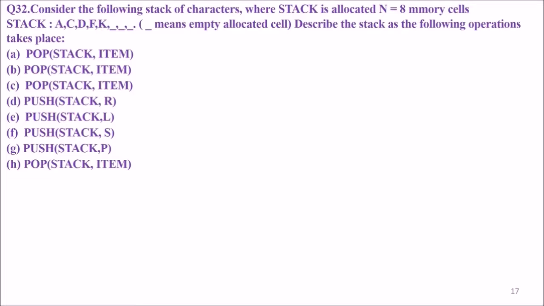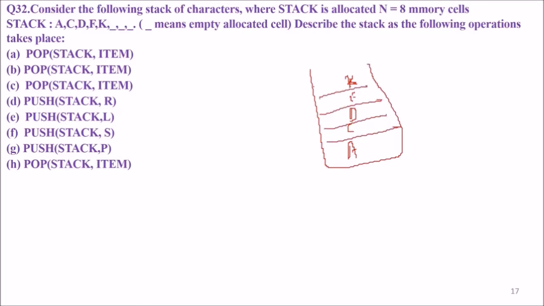So let us consider the stack of characters, which is like this: A, C, D, F, K. So stack is allocated 8 memory cells. So the memory cells are 8.